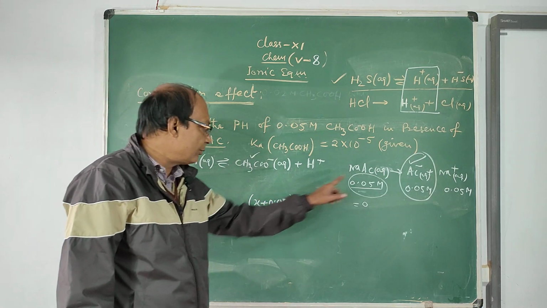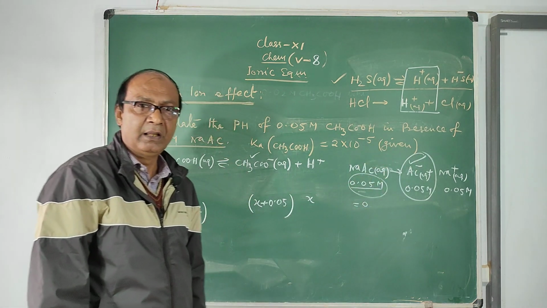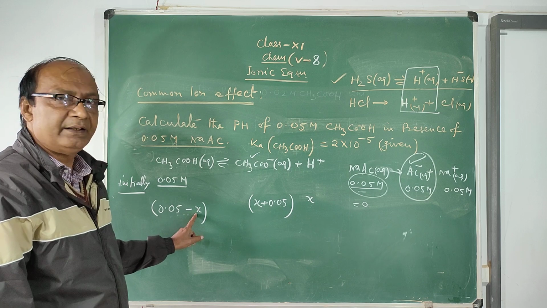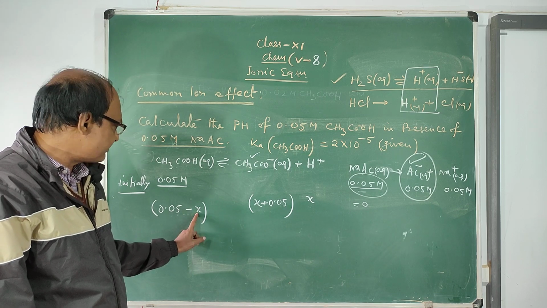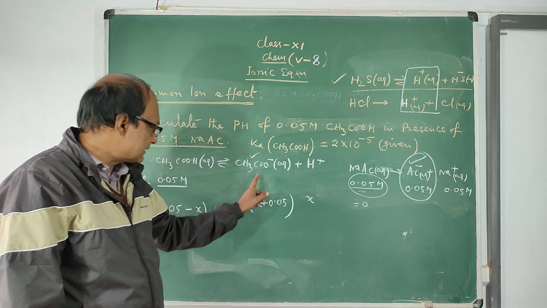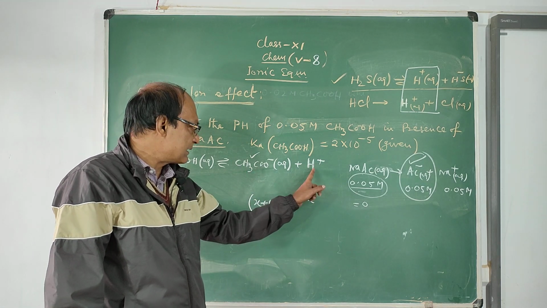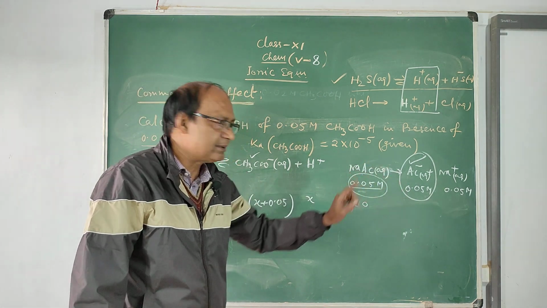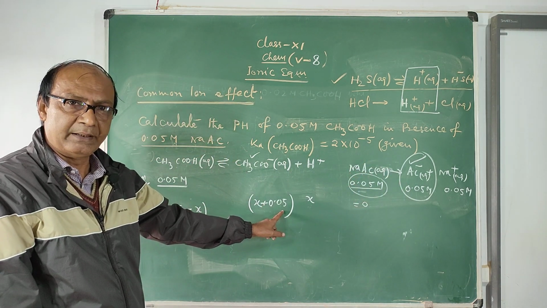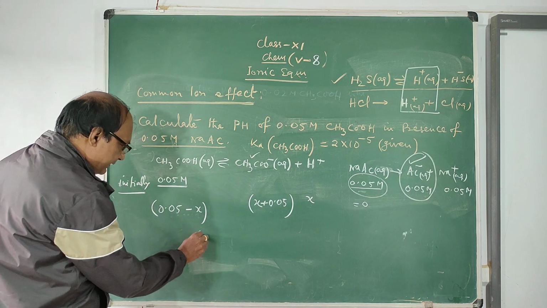In the presence of 0.05 molar acetate ion, what part of acetic acid is dissociated? X part is dissociated, therefore X part of acetate ion and X part of hydrogen ion will form. And the acetate ion already present in the system is 0.05. Remember.